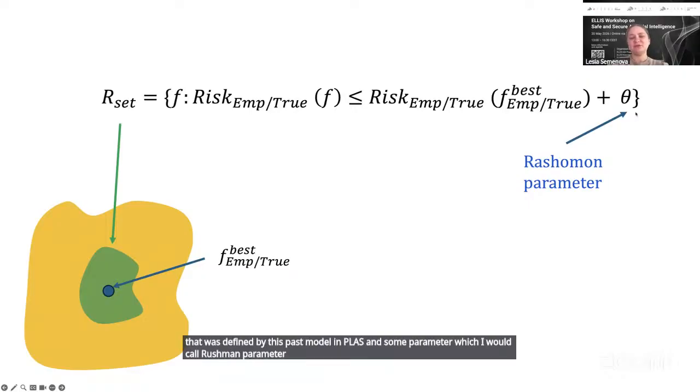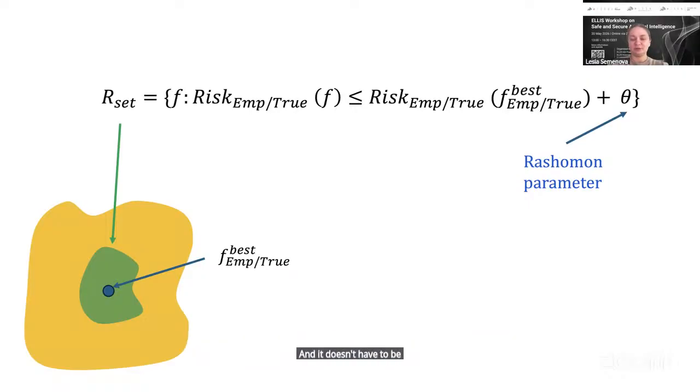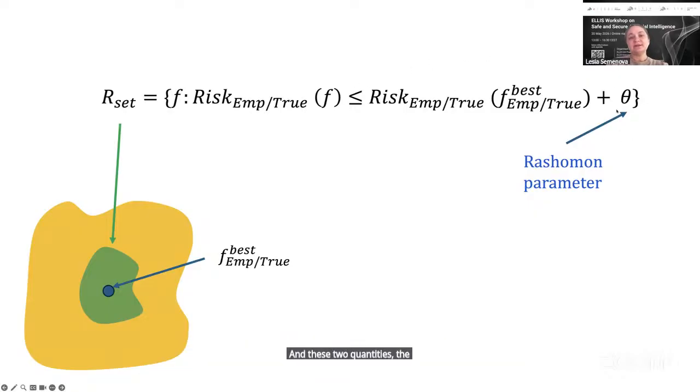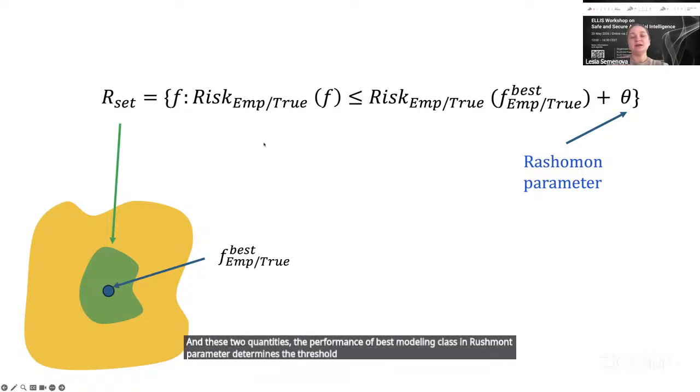And it doesn't have to be anything large. It could be 0% or 1% of the loss, but essentially it determines how much we are willing to sacrifice for some model diversity. And these two quantities, the performance of the best model in class and the Rashomon parameter, determine a threshold that I will look under and consider all possible models that will form this Rashomon set.